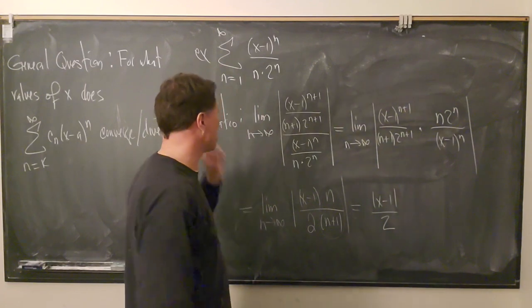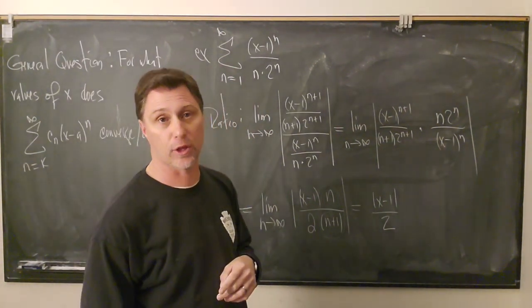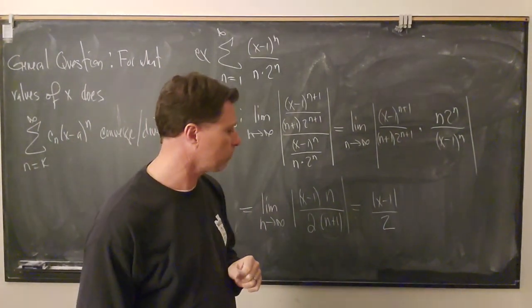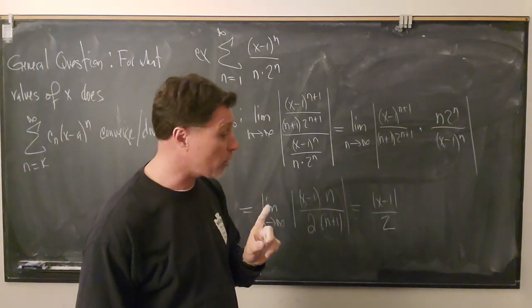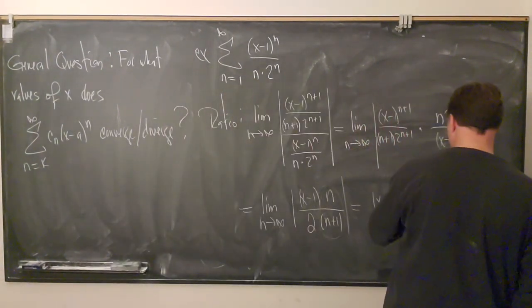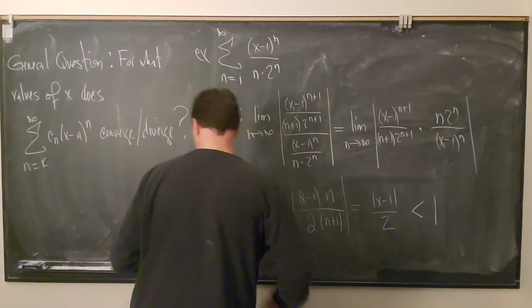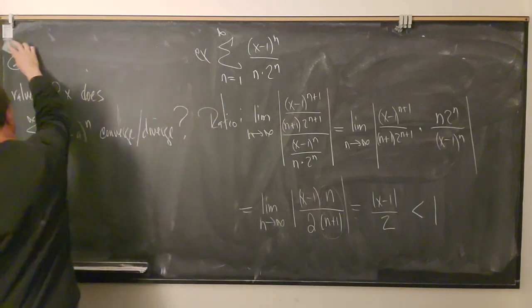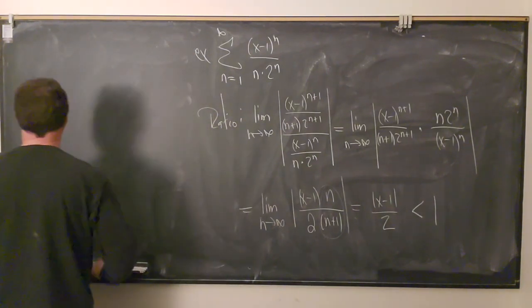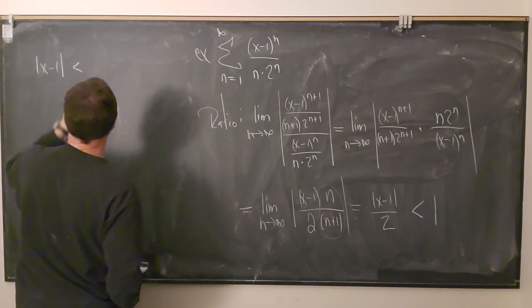Now remember, we're applying the ratio test. And the ratio test tells us that we will get convergence, in fact, absolute convergence, although we're not going to worry about absolute convergence in this setting. We will get convergence whenever this limit is less than 1. So what we want to do then is identify the x values that make this less than 1. And so what we need then is for the absolute value of x minus 1 to be less than 2.